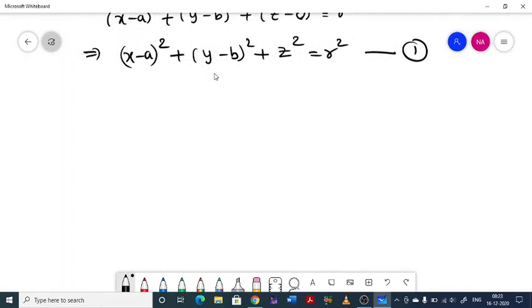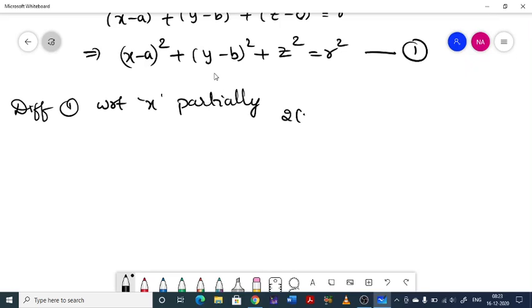Now we need to find the PDE of this. Differentiating 1 with respect to x partially, I get 2 times x minus a into the derivative of x minus a, which is 1, plus the y minus b whole square term will be 0, plus z square, that will be 2z into dou z by dou x, equal to 0, since r is constant.